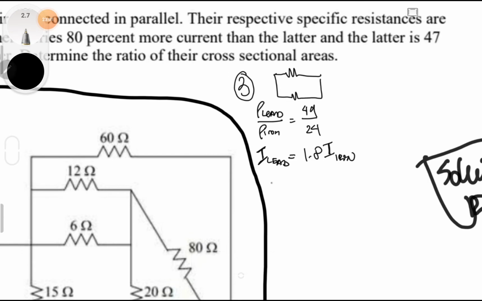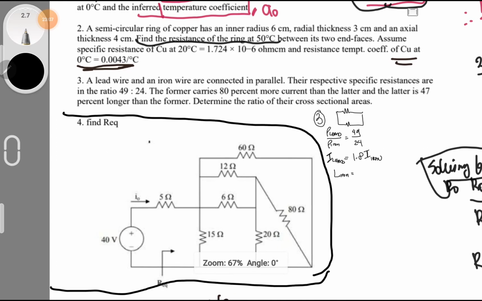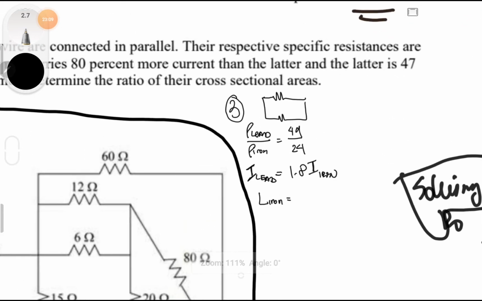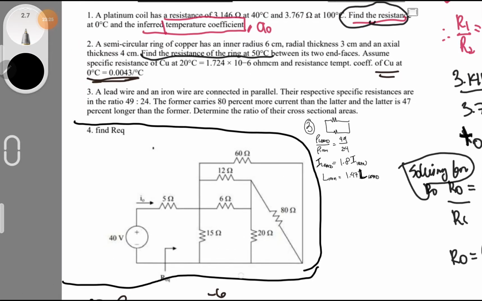So L iron is equal to 1.47 times our length of our lead. Yan. So from this, pwede lang pa natin kunin yung susunod. Determine the ratio of their cross-sectional areas.